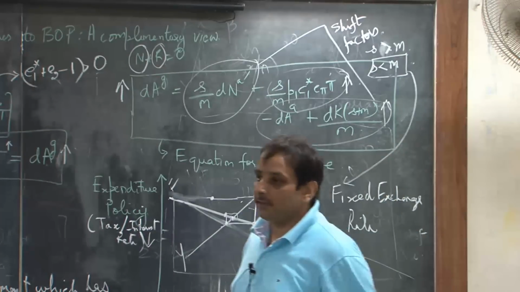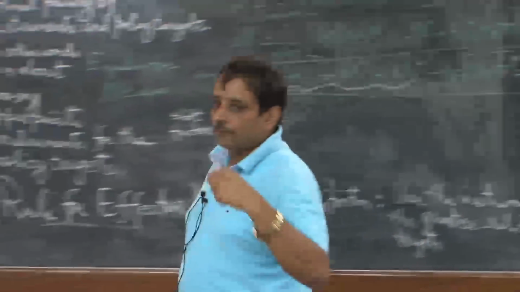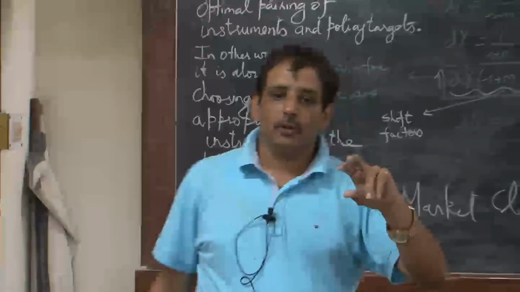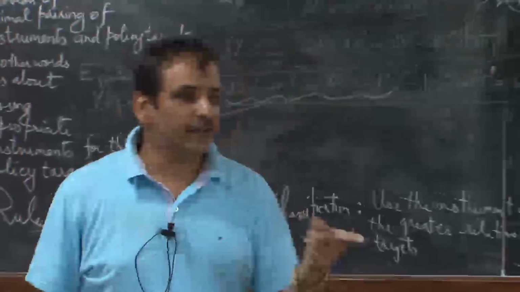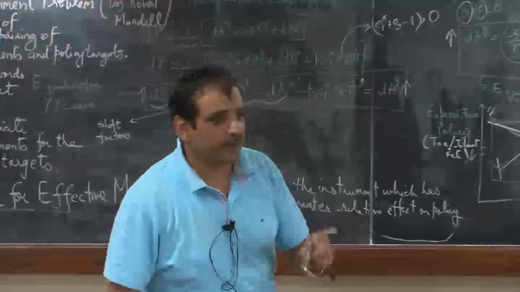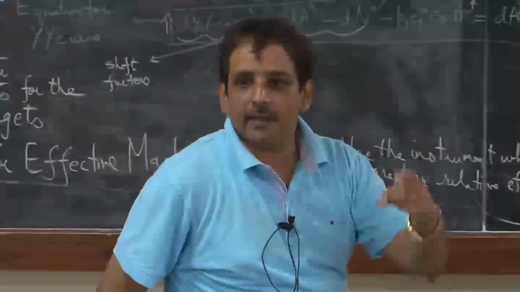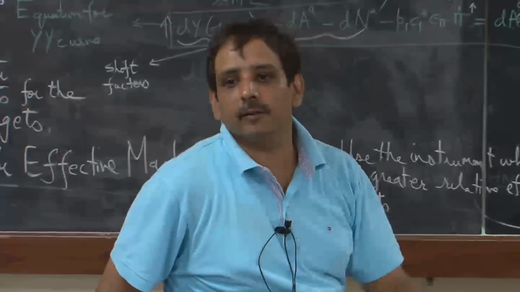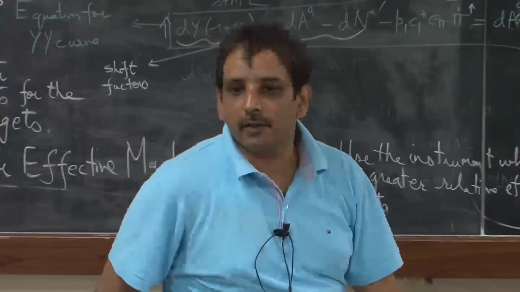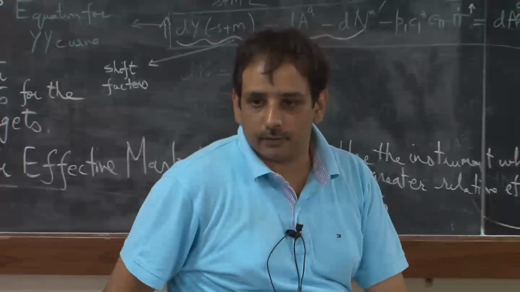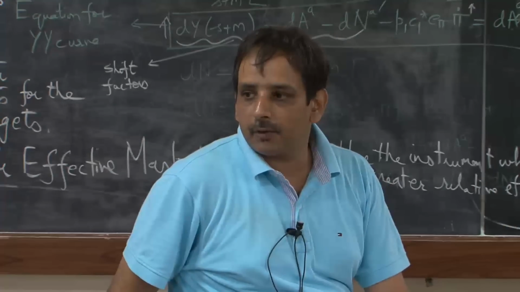So you will see that in case of capital flows, monetary policy takes the role of maintaining external balance, and fiscal policy takes the role of maintaining internal balance in case of higher capital inflows. Okay.